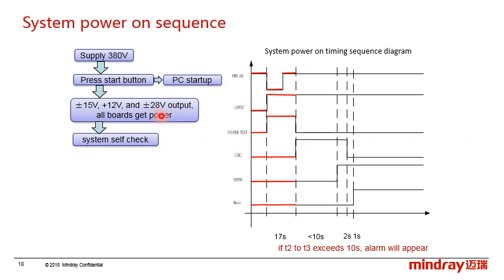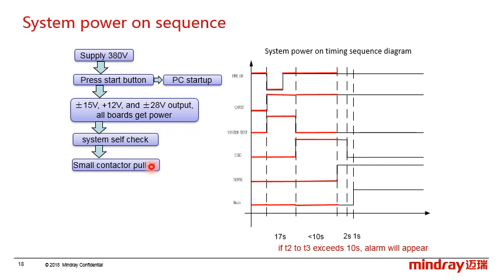Then all the boards will get power, and the master control board begins to perform the self-test. After the self-test finishes, the master control board will send out the charge command.